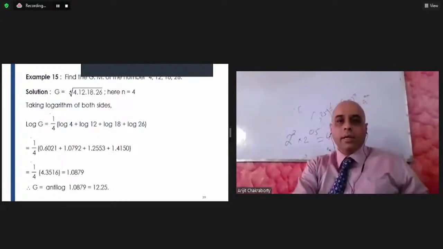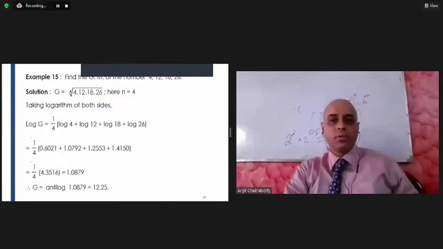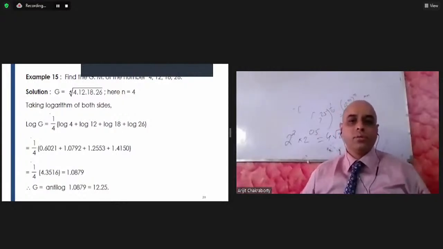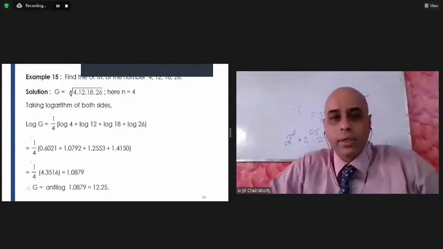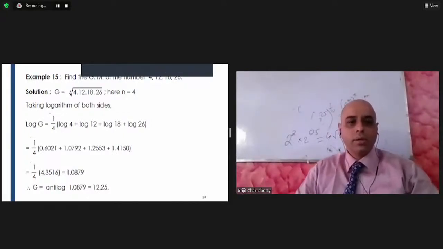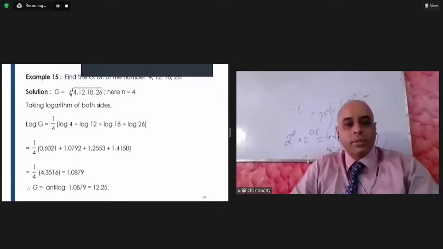Okay. Now there is another question: 4, 12, 18 and 26. So here you have 4 into 12 into 18 into 26. This is just an illustration. So taking log, there's no other way in this example but to take log, and taking logarithm of both the sides, we have calculated log GM.